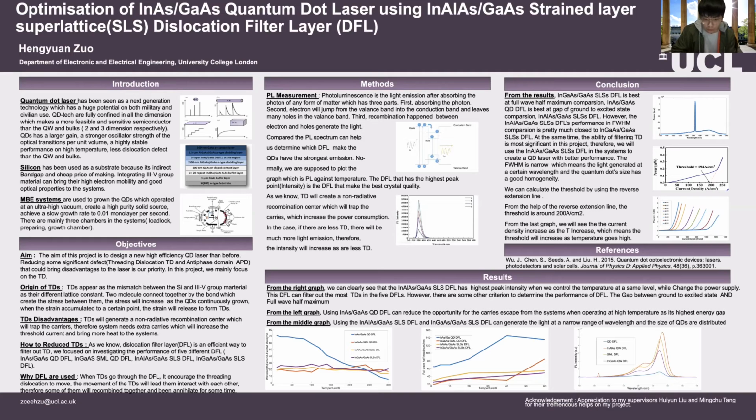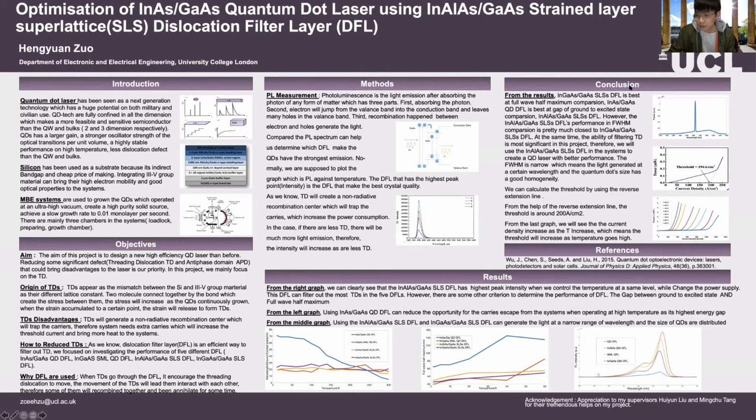From the middle graph, we can see that the indium aluminum arsenide, gallium arsenide SLS DFL and the indium gallium arsenide SLS DFL generate light in a narrow range of wavelengths, which means that when using these DFLs, the sizes of the QDs are distributed evenly.